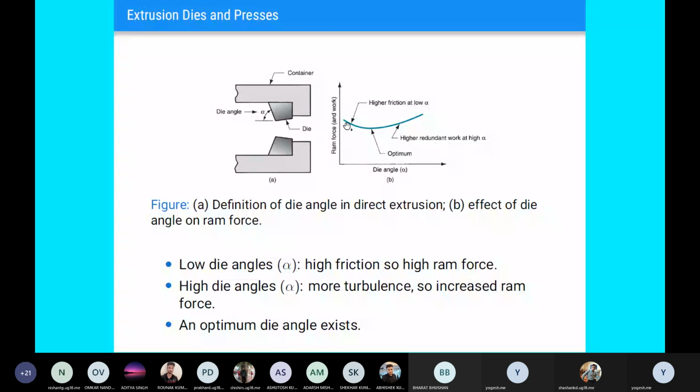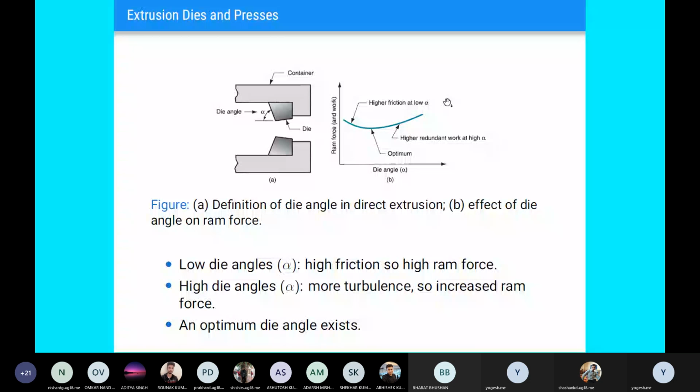Here is a plot between the ram force and die angle. Initially the ram force is decreasing, and after that there is an optimum value. After that, the ram force starts increasing.